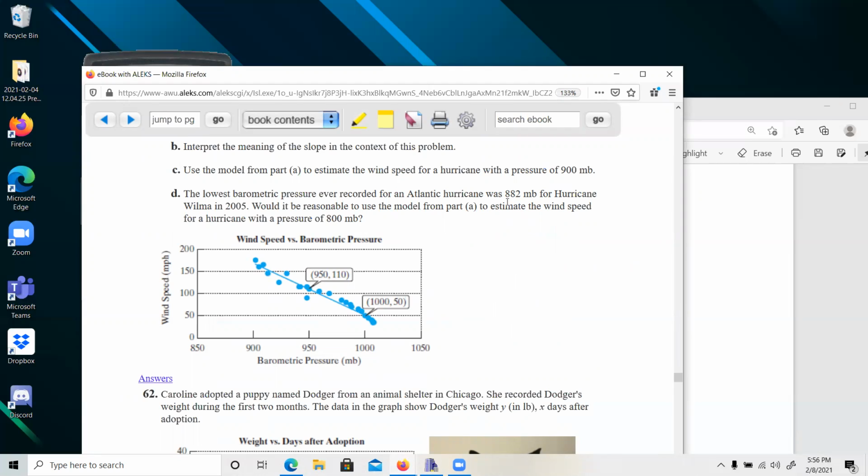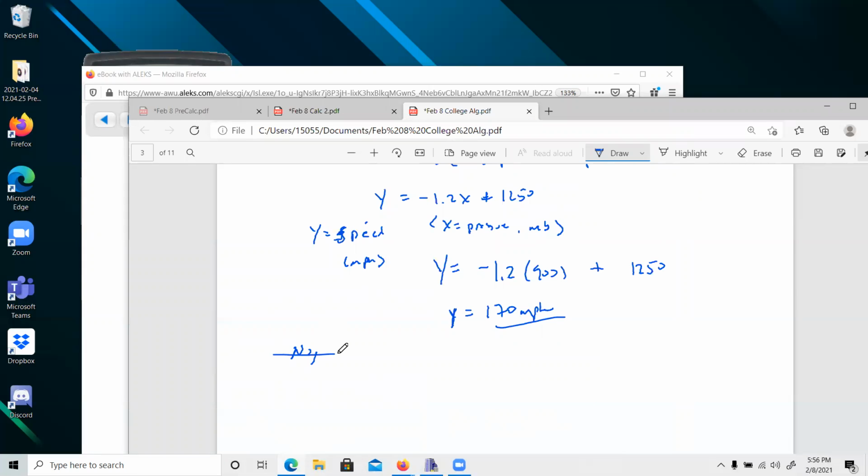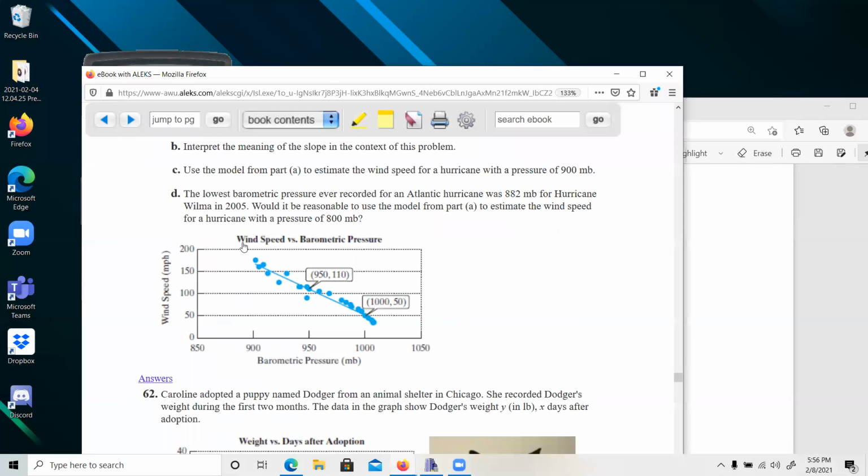So here's why I'm going to say no. It looks like the smallest one I have here. Well, okay, I'm going to change my mind. I'm going to say yes. The smallest one I have here is 900. Now, you generally don't want to go too far away from your data when you're making predictions, okay?